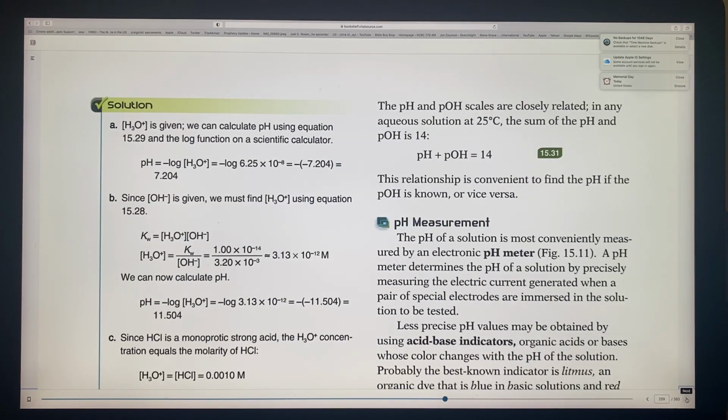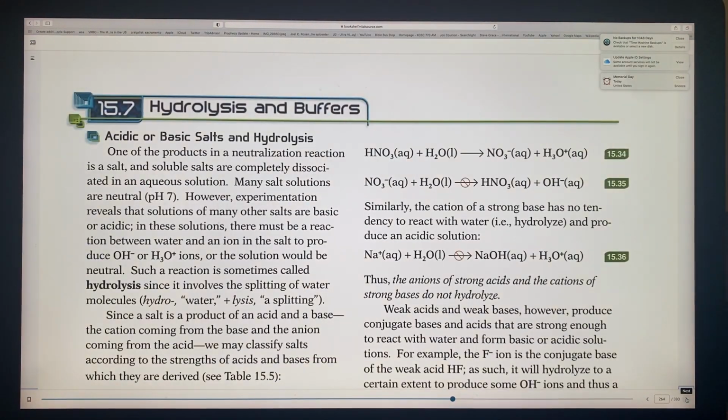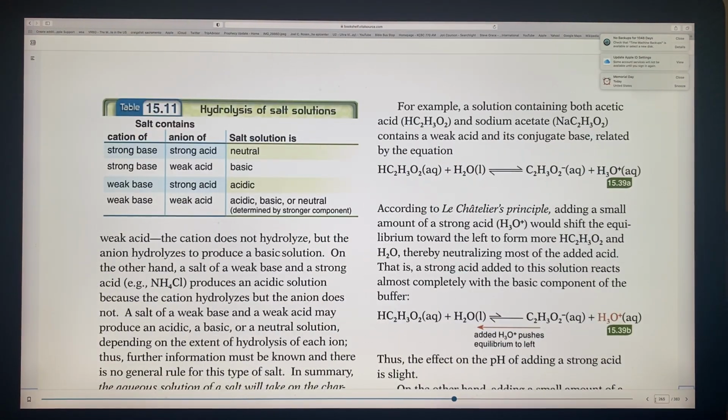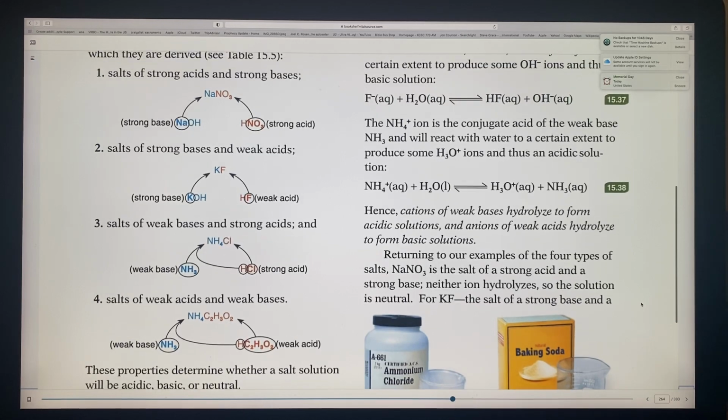So let's go back to that last section. Sorry, I have to go back quite a while. Here we go. Right here's where I want to be. Here we have the salts of strong acids and strong bases.